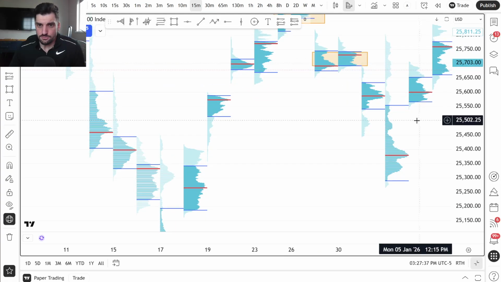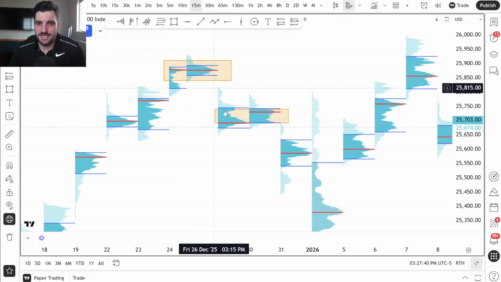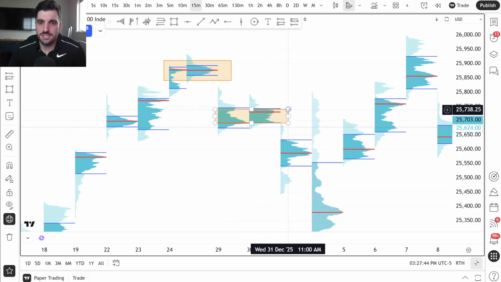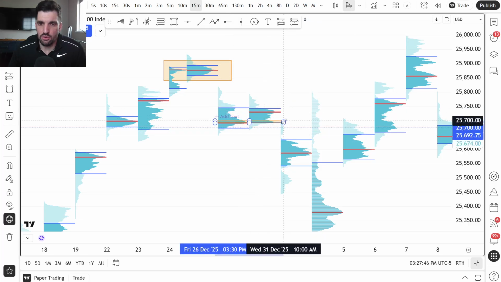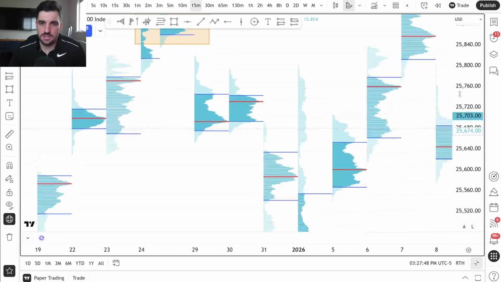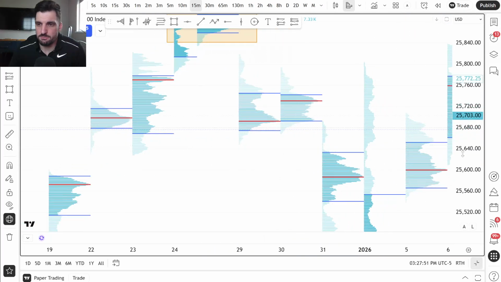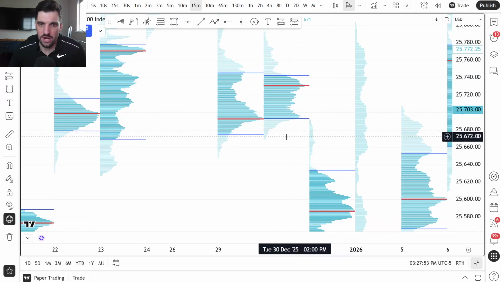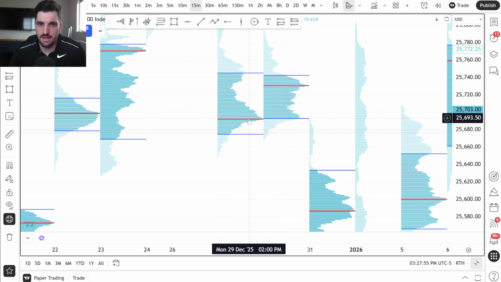So, if we have a shift down in value, then it becomes important for the sellers to defend the point of control. And if we take a look at these two profile shapes here, they're basically on the same plane, right? So the value is basically on the same plane. You have a point of control slightly higher on the second one.